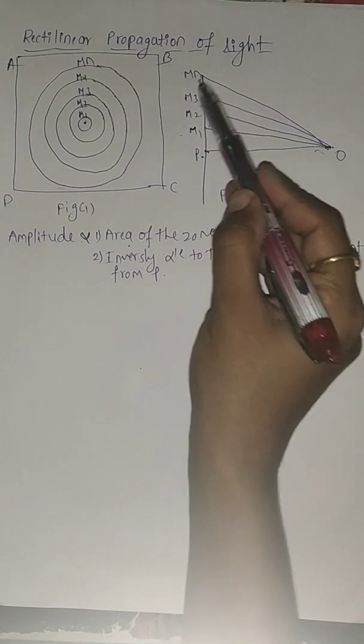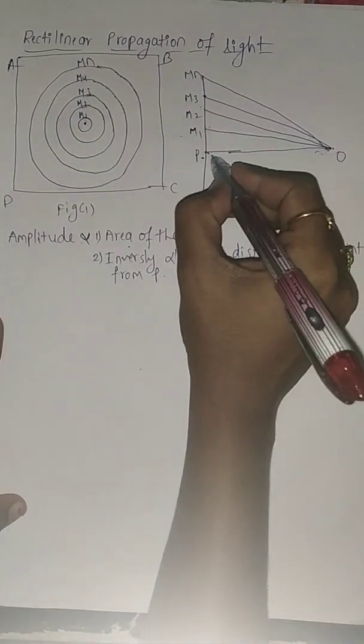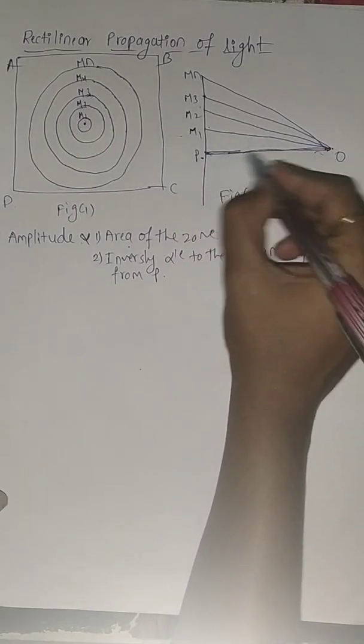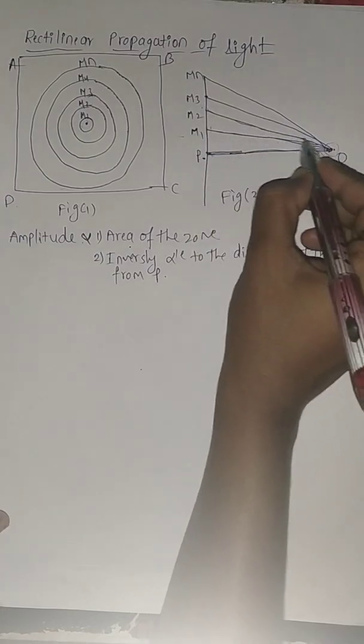If the distance goes on increasing, the amplitude decreases. Suppose this is the first distance from P. Here the distance is less, so the amplitude is more. But if you go to M1, the distance increases, so the amplitude decreases. At M2, the distance increases again, and the amplitude decreases. Like that, as the distance of the zone from the point goes on increasing, the amplitude goes on decreasing.